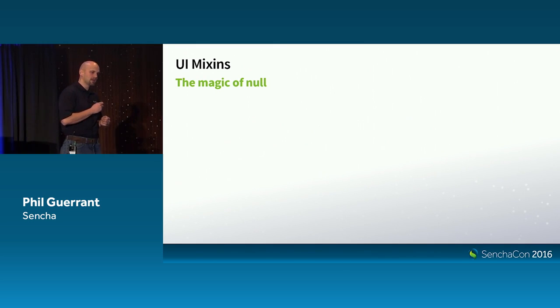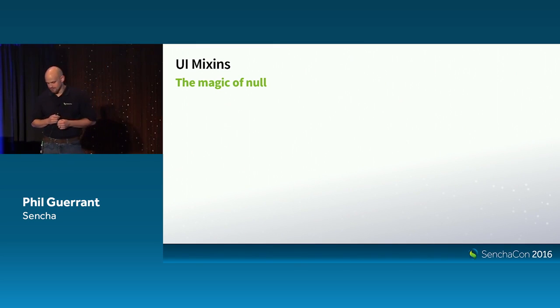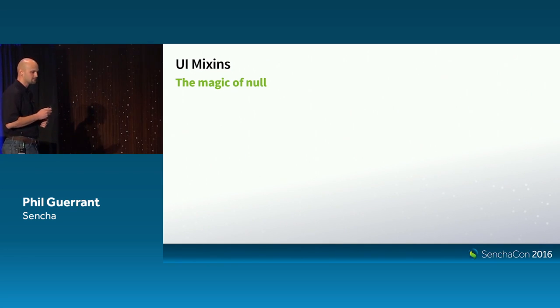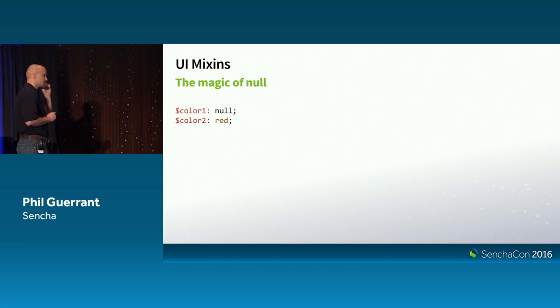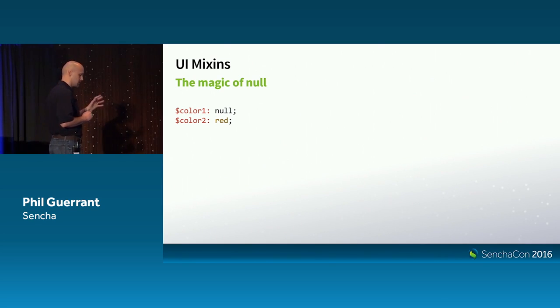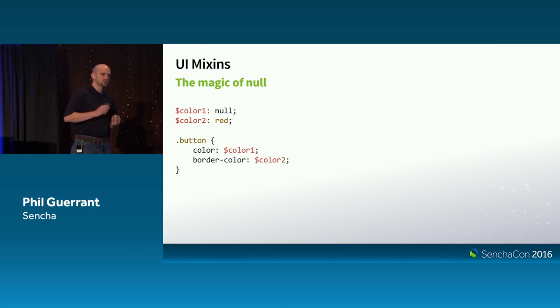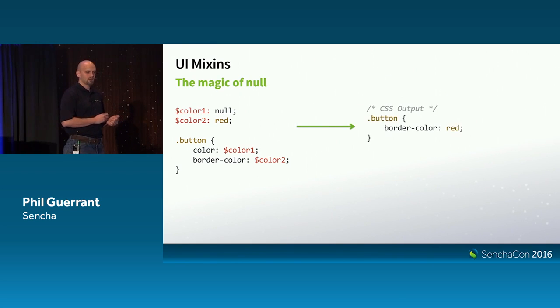The thing that makes this all really work nicely is the magic of how null values work. So if we define two colors or two variables, one of them is null and one of them has a value, and we use them both in a rule, what's the output? Well, only the variable that had an assigned value is included in the output.